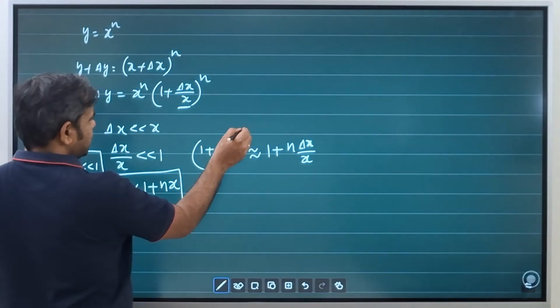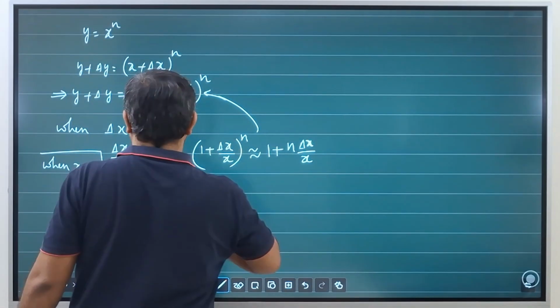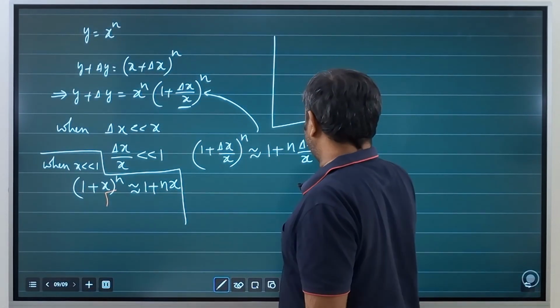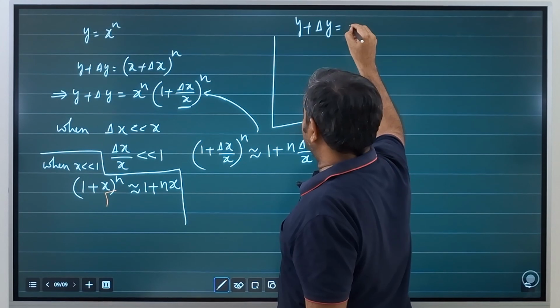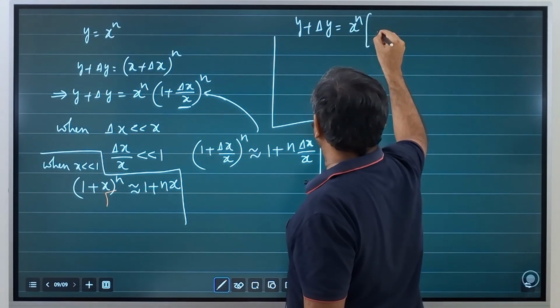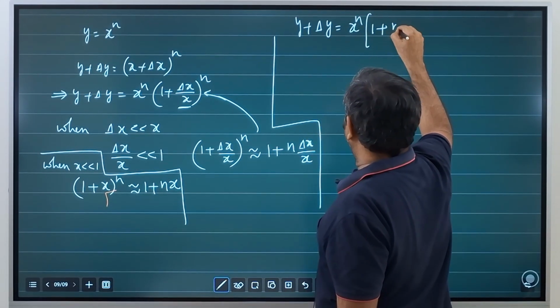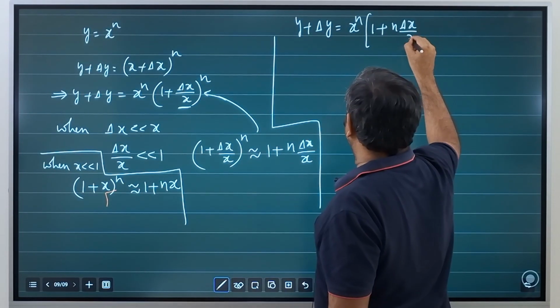Now substitute this here. If you substitute this here, what do you get? You will get y plus delta y is equal to x power n into (1 plus n into delta x by x).